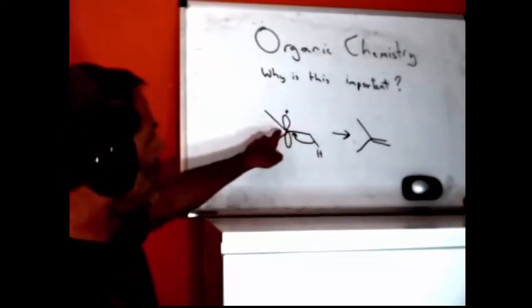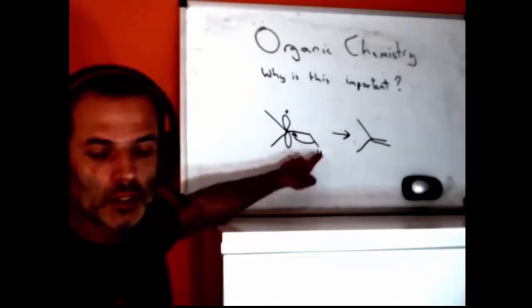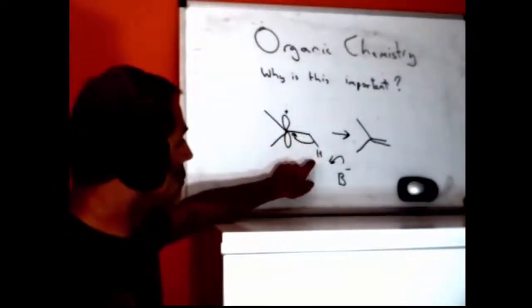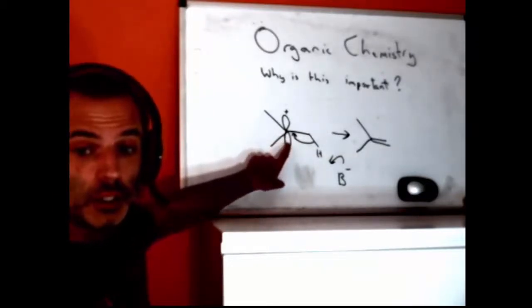So this comes off as H plus somehow, and we form a double bond. We have to first of all work out what's going on here. We need something to take it away. So typically some kind of base will come along and remove this proton, or assist in removing this proton, and allow this elimination to proceed.